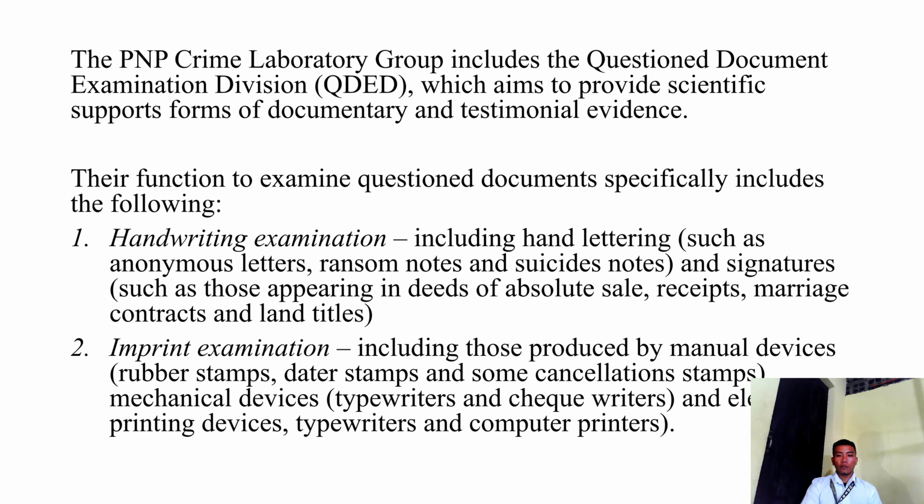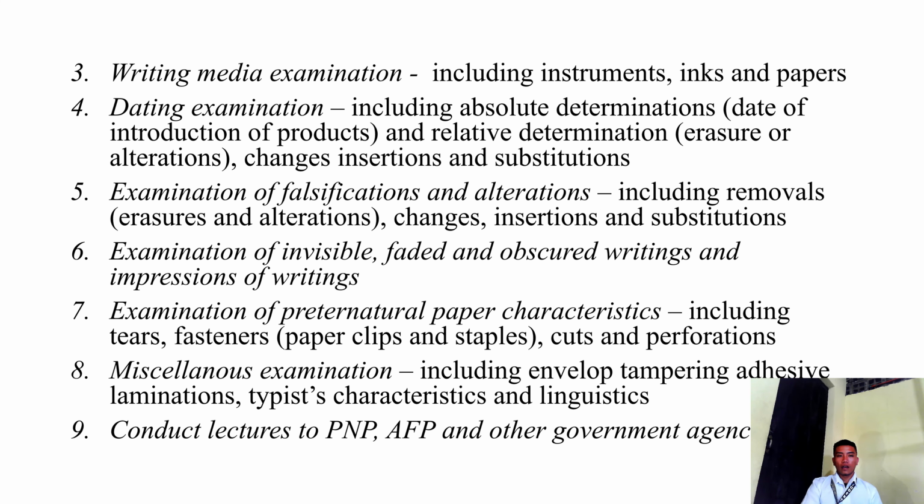Second is imprint examination, including those produced by manual devices, rubber stamps, dater stamps, and some cancellation stamps. Mechanical devices, typewriters and checkwriters, and electronic printing devices, typewriters and computer printers. Third is writing media examination, including instruments, inks, and papers.